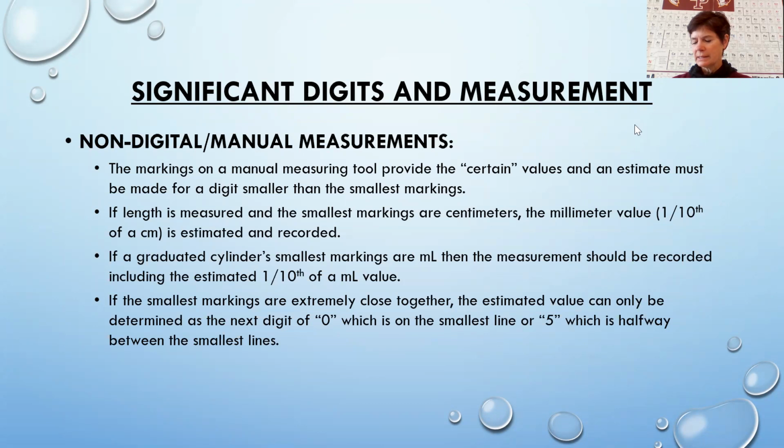And it looks like it's halfway between the 12.9 and the 13. So I would call that 12.95 centimeters. So that's using the markings on the scale as the certain, and then the values between I have to estimate.